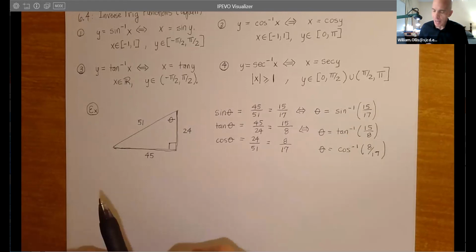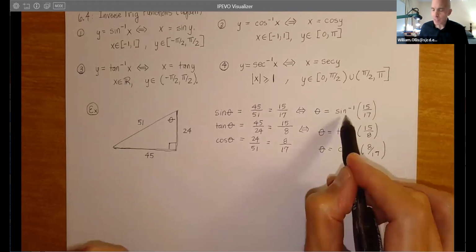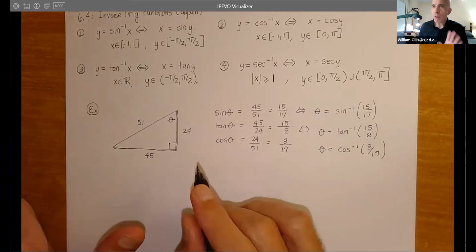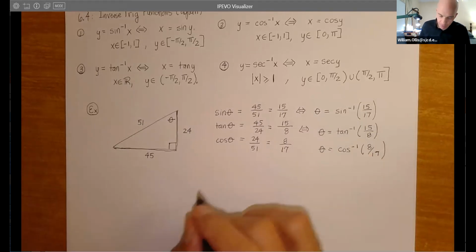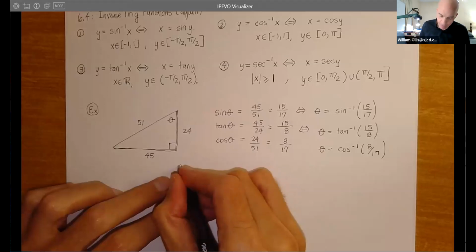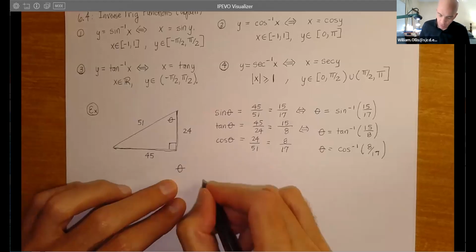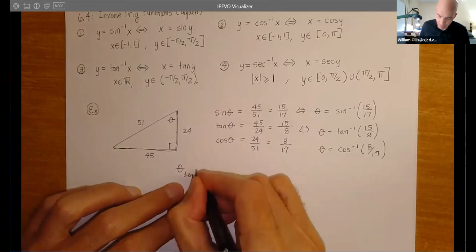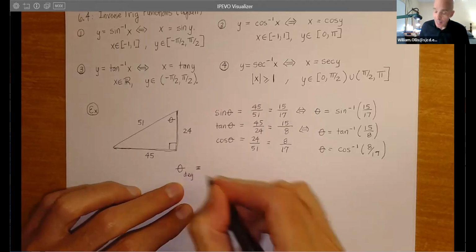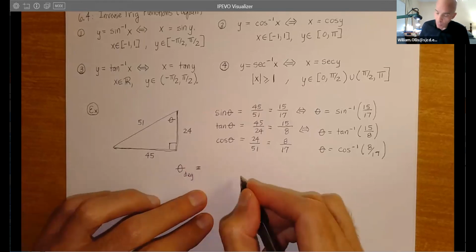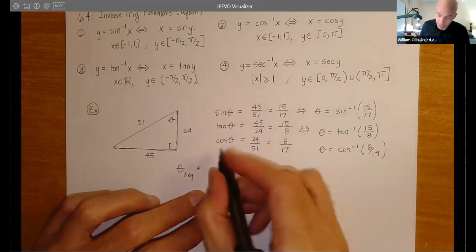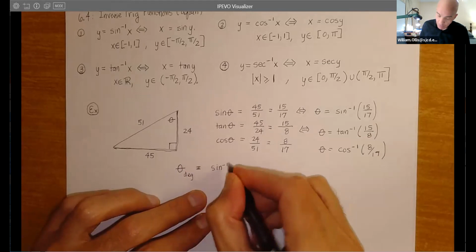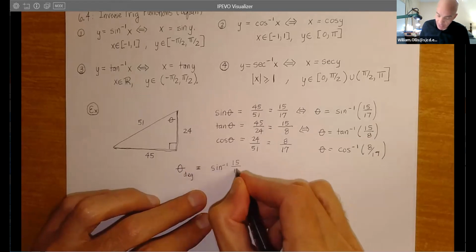Let's just say that we use inverse sine to find the angle here. Now, I want to do this two ways. For instance, if I'm just going to write a little extra here, if we're thinking of doing this in degrees and staying in the radian mode, we can say, okay, well, theta in degrees would just be inverse sine of 15 divided by 17 radians.